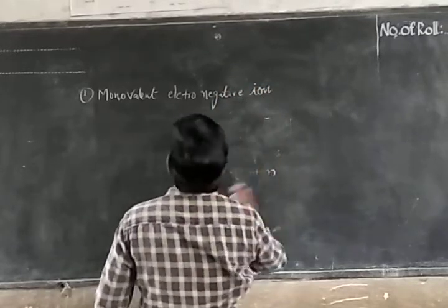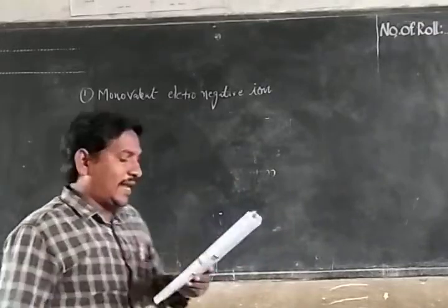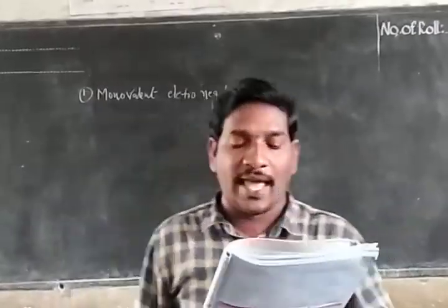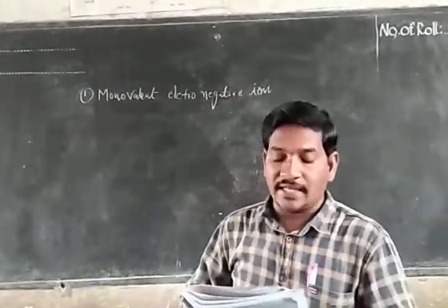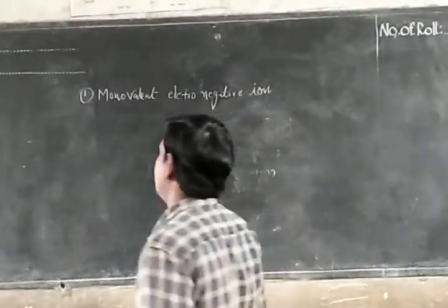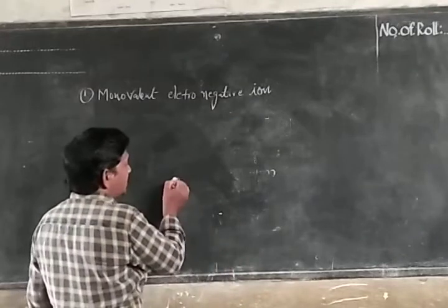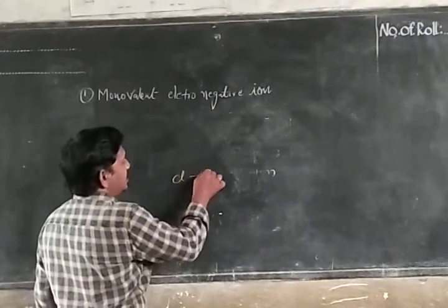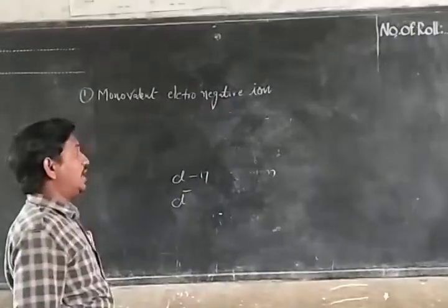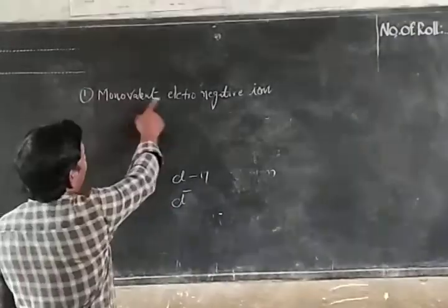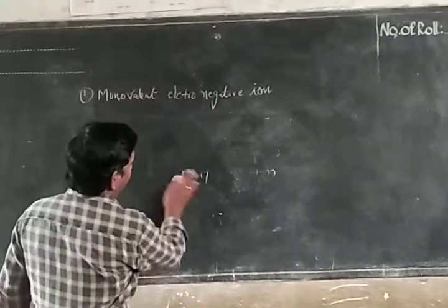That is the first answer. An ion or a radical formed by the acceptance of one electron is called a monovalent electronegative ion. By acceptance of one electron, Cl becomes Cl minus.